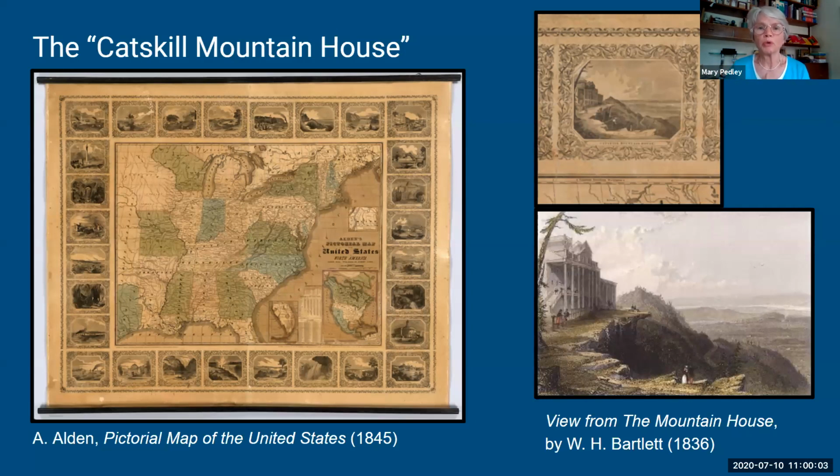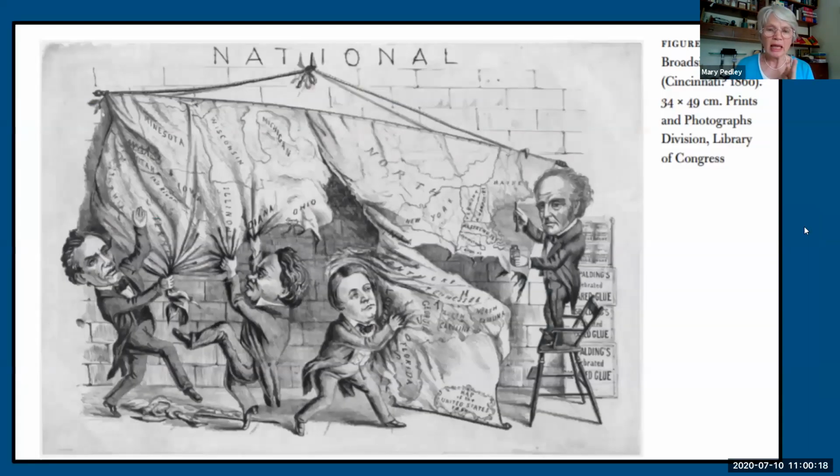It is not unusual for people to have this idea of American space in their minds when they're taking part in any other kind of debate or discussion. And your book concludes with a wonderful broadside that captures this kind of national discussion centered around a map. So if you could take us through this one.